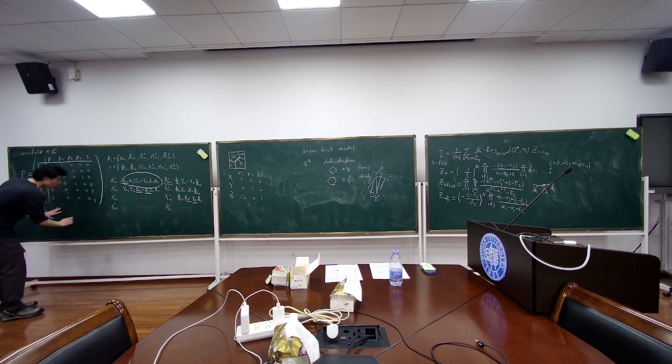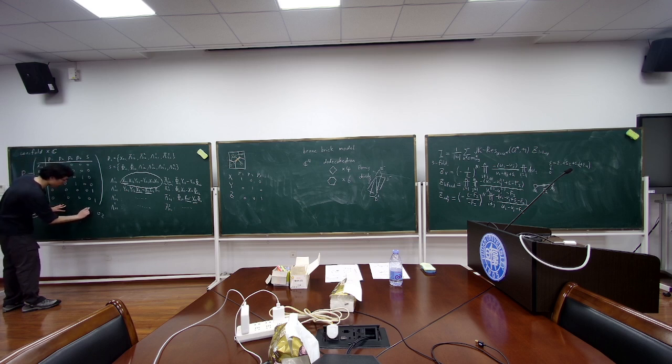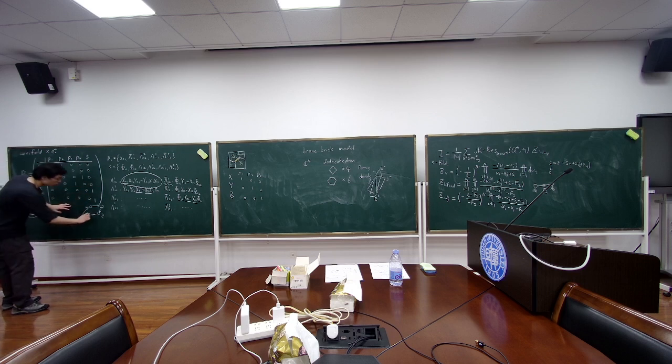So I will have 1 and 2, and roughly speaking, I have something like this. Then this is the Fermi, but I want to close this loop or this bracket, so I will choose this direction.